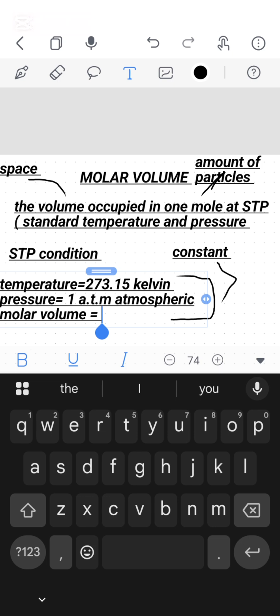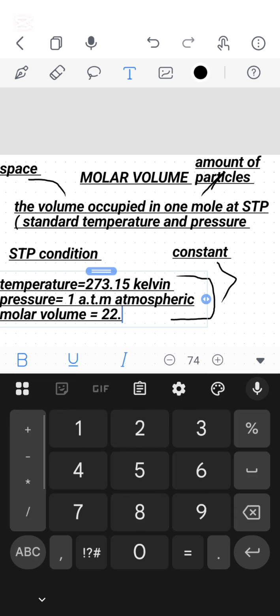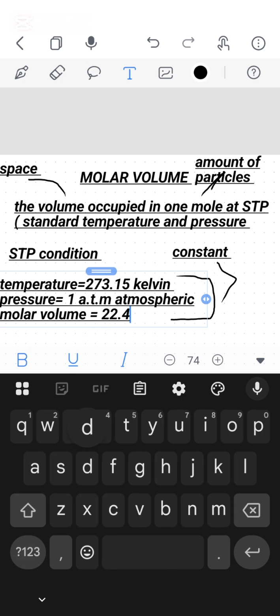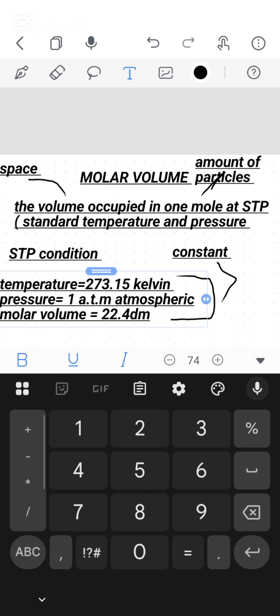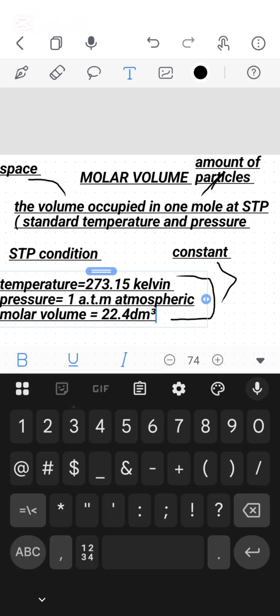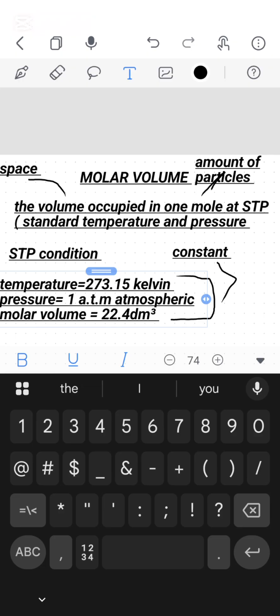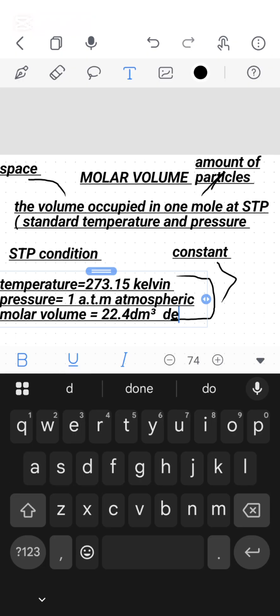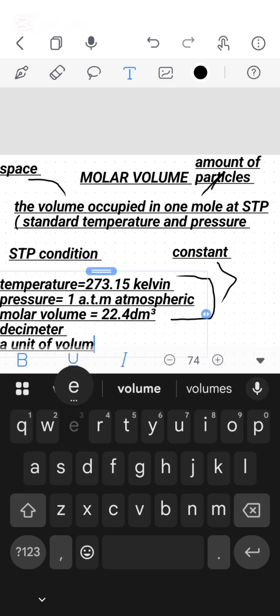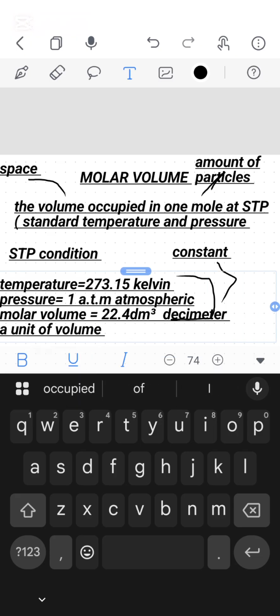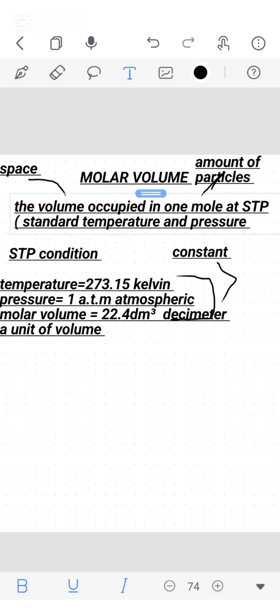So molar volume is 22.4 dm cube. What is dm? dm is basically a decimeter, a unit of volume.